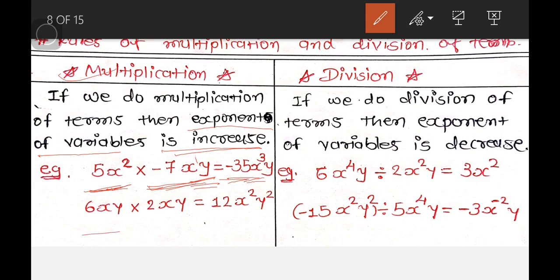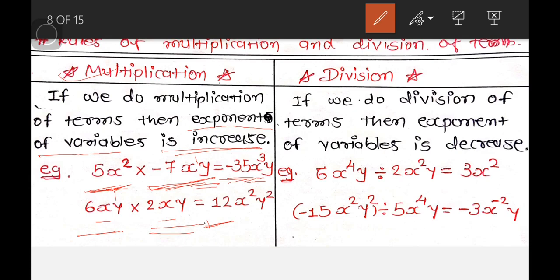One more example: 6xy multiplied by 2xy. First we multiply 6 and 2, and 6 into 2 is equal to 12. They have the same sign, so we put a positive sign. In both terms there are two variables, x and y. As we said, the exponent of variables increases.